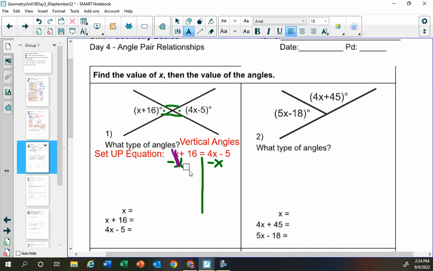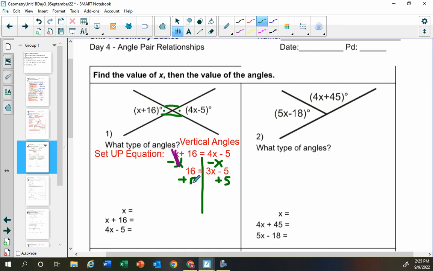Now, we have 16 equals, well, what's 4x minus x? Yes. And then minus 5. Now, what's our next step here? Yes. Add 5. We're going to be solving these types of equations in and out all year.